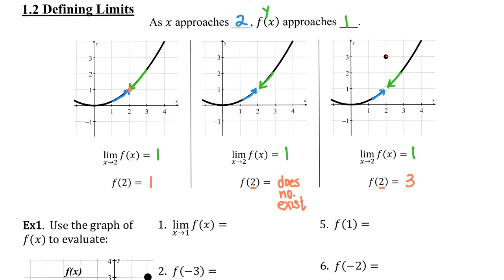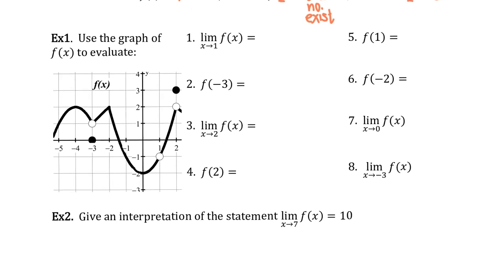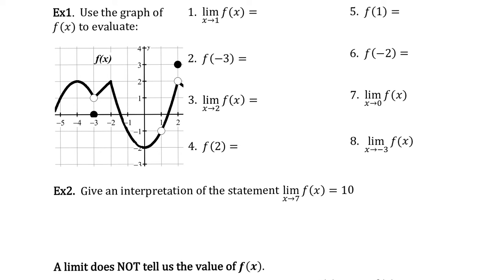Okay, so for the first example, we're just going to look at the graph and identify the values, switching back and forth between limits and actually evaluating the function at a certain x value. This is my graph of f of x. Limit as x approaches 1. Where is x is 1? X is 1 is right here. If I approach 1 from this way and from this way, it looks like the y value is approaching -1.